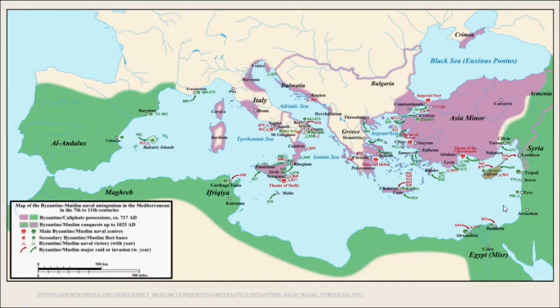So yun na nga, after 50 or so years, itong kulay green sa mapa natin, yan na yung sakop ng caliphates. So nasakop na nila itong mga areang ito. So this is Northern Africa, and then hanggang sa most of Spain, nasakop nila ang Spain, most part of Spain.